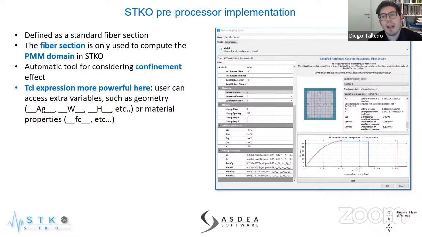Inside here, we can have several advantages, like, for instance, the automatic consideration of confinement, etc. And it's worth mentioning that the TCL expressions that you can see here for the hinge parameters are a little bit more powerful with respect to the pure TCL OpenSees counterpart, because here the users can access extra variables like the geometry variables, like the gross area, the width, the height of the section, etc., or material properties, like, for instance, the compressive strength, etc. So we can have access also to these placeholders.